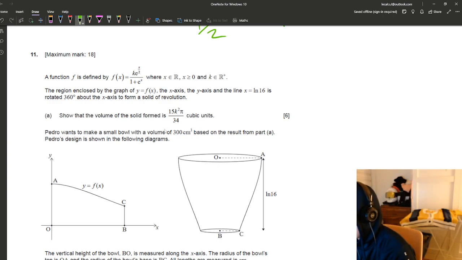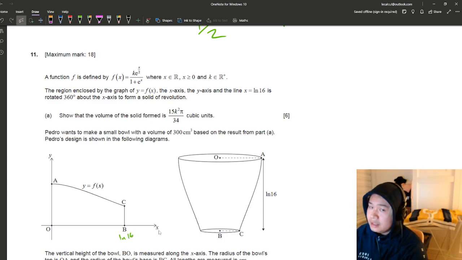Okay. Oh, here's a graph of it right here. So it goes from here to this line. This line is ln 16. I call it ln, natural log 16. Anyways, whatever. And then we need to show that this is the cubic units.